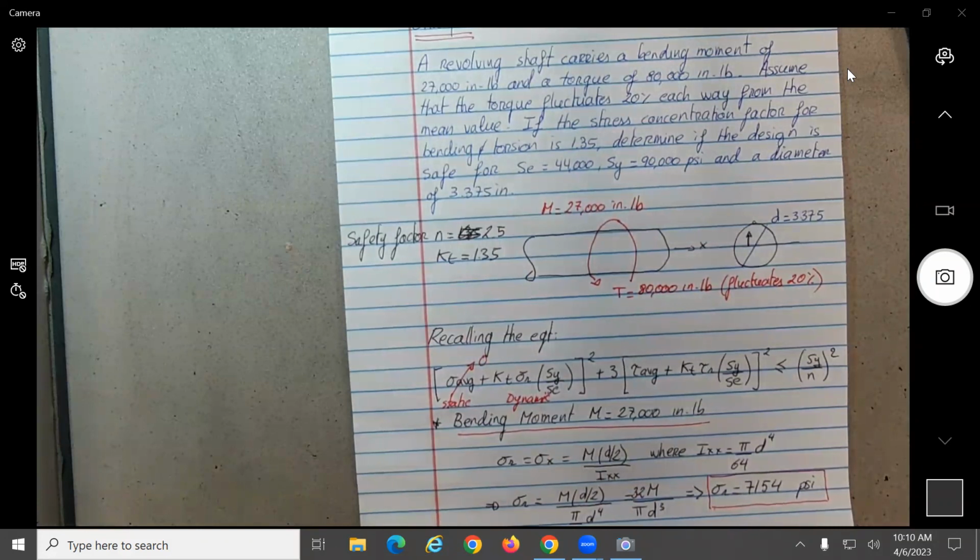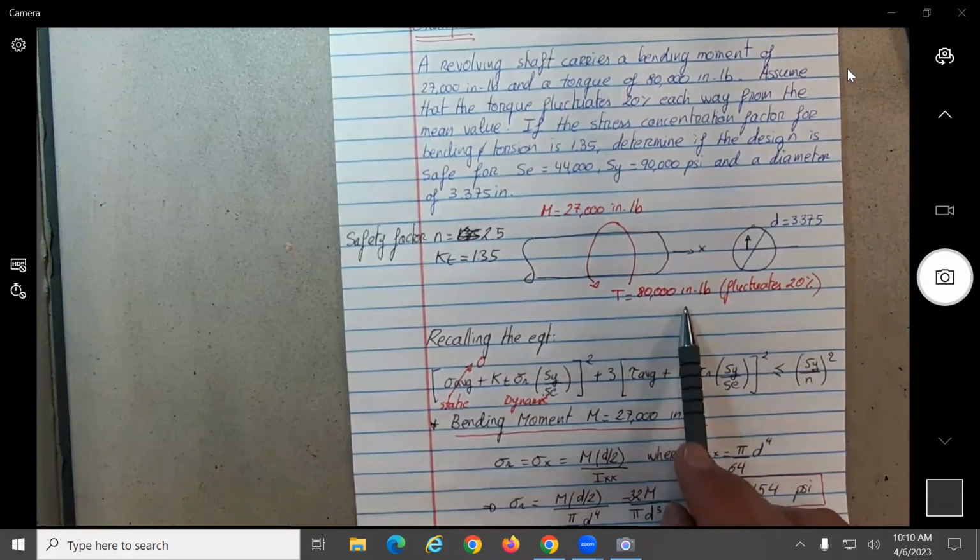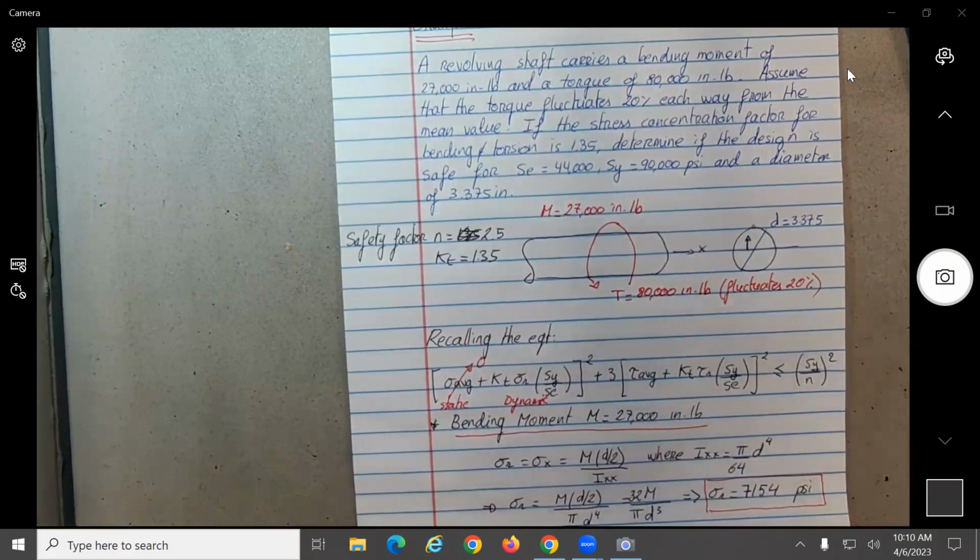Now let's take care of the other term. So now let's discuss the torque. The torque is going to produce what? Static only, dynamic only, or static and dynamic? This is your interpretation.